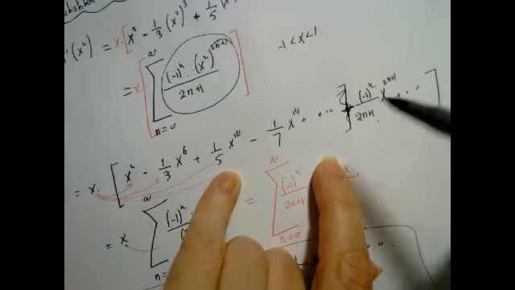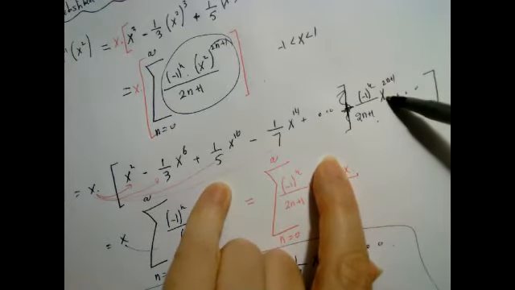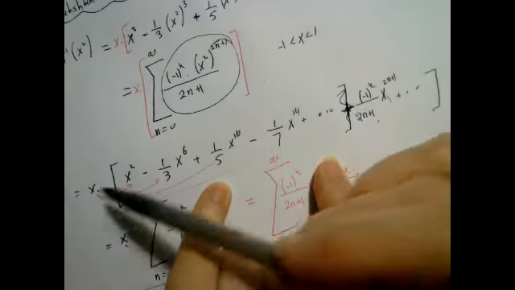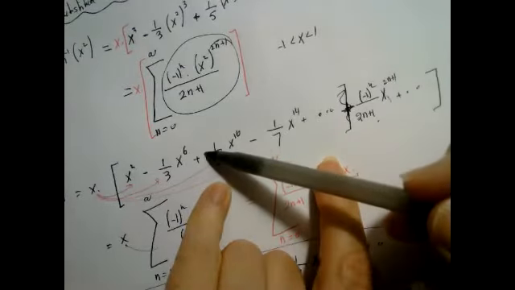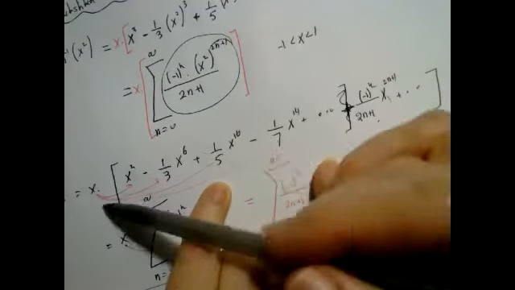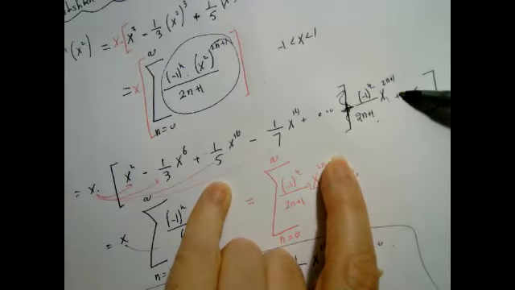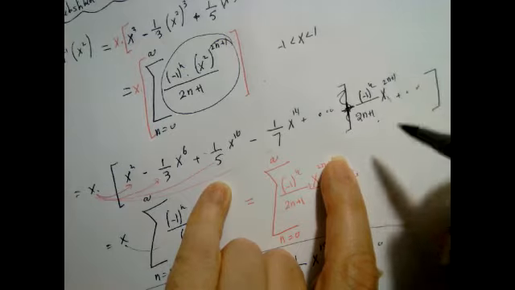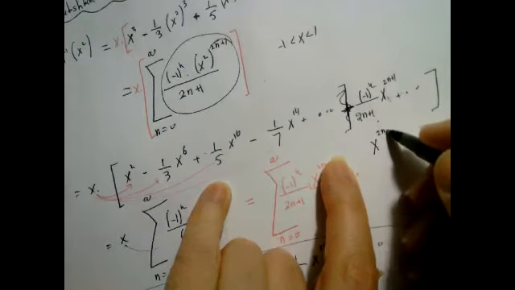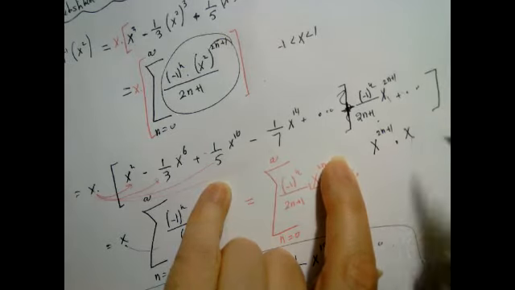Okay. If I keep distributing, what am I going to do? x cubed, x^7, x^11, x^15. When I hit this term and I multiply by x, what am I doing? You're adding one. Yes, it's x to the 2n plus 1, and you're multiplying it by x, x raised to the power 1.